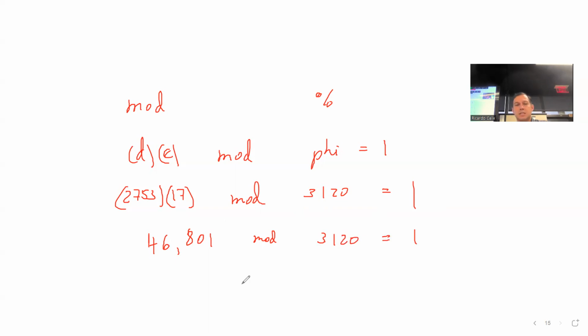So this is basically dividing. What you do is 46,801 divided by 3120.